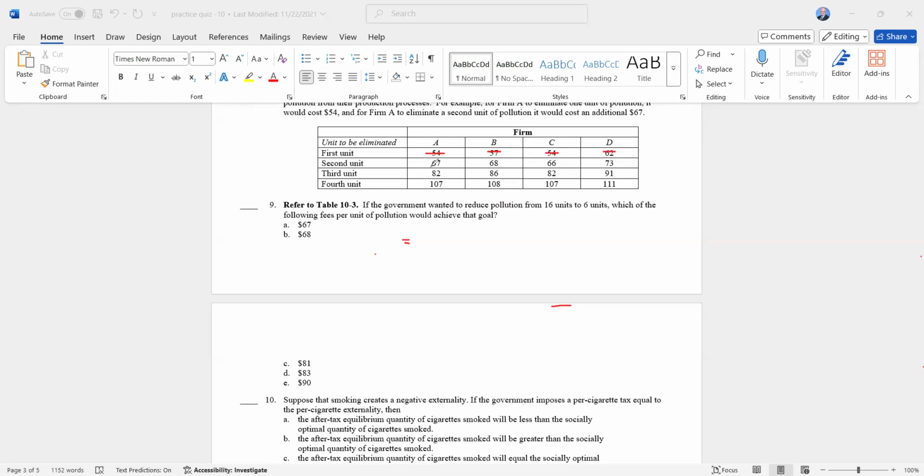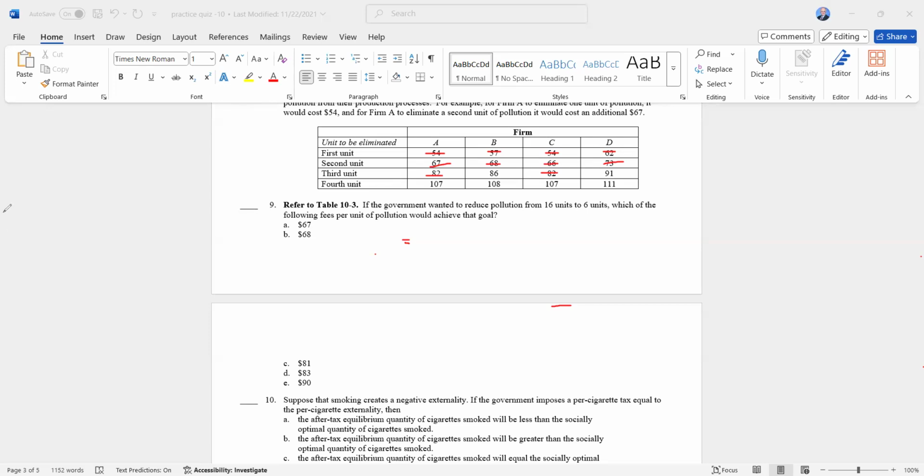It's greater than the second unit across the board also. It's greater than A3, B3 no, C3 yes, D3 no, and none of the fourth. If you notice, I got rid of 1, 2, 3, 4, 5, 6, 7, 8. I got rid of 10 units. I went from 16 to 6.